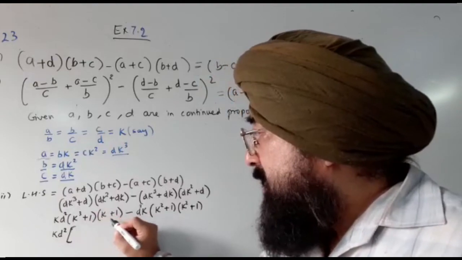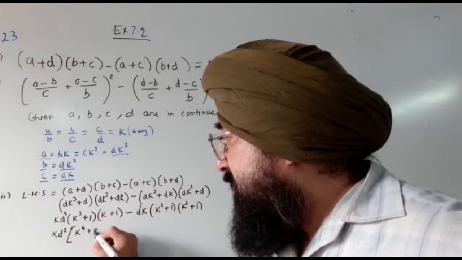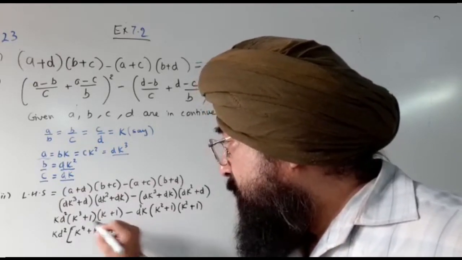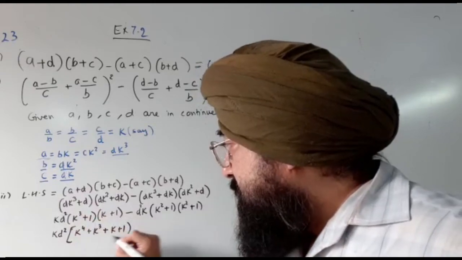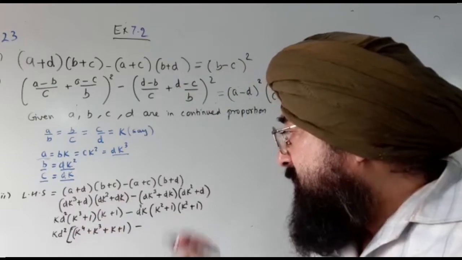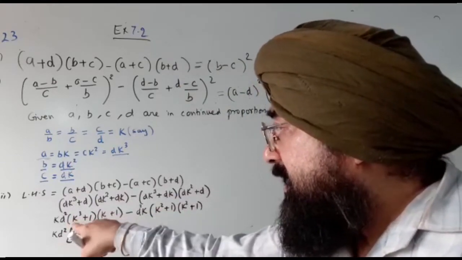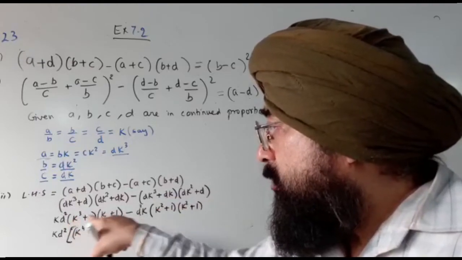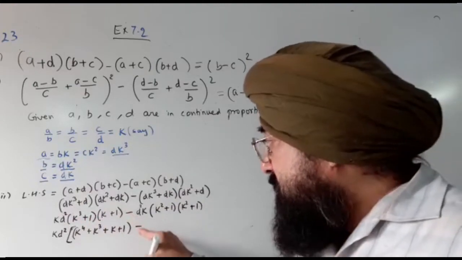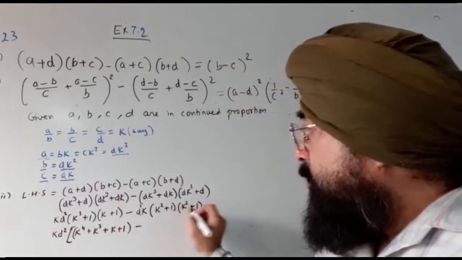That means this bracket is multiplied with this bracket. So I get K power 4 plus K cube plus K plus 1, opening this bracket. And while a minus sign asked me to put a bracket, I multiplied this bracket with this bracket. K cube into K is K to the power 4, K cube into 1 is K cube, 1 into K is K, and 1 into 1 is 1. Minus this, KD square has come out, and now I am opening this bracket.